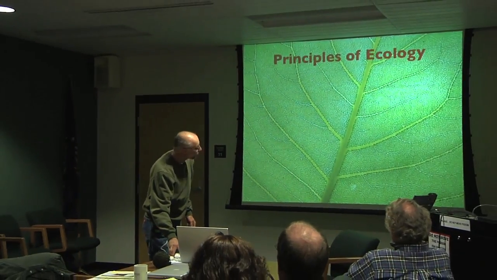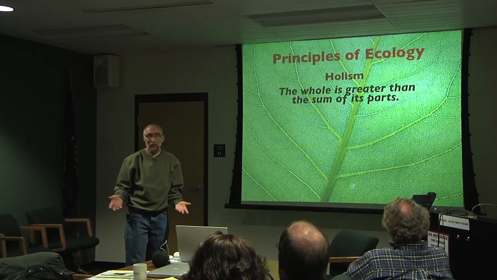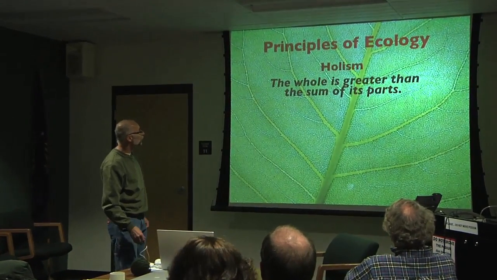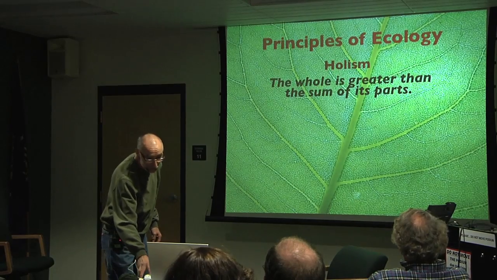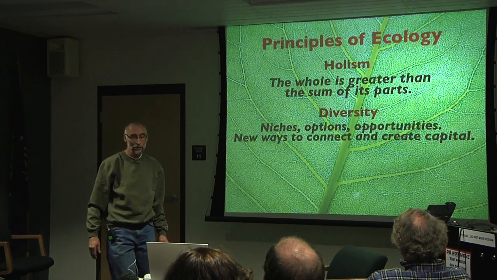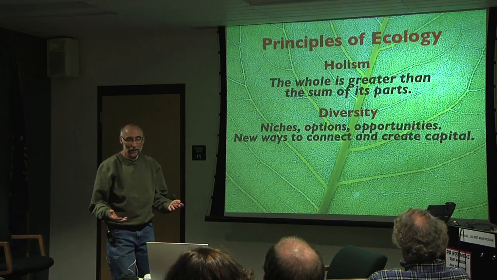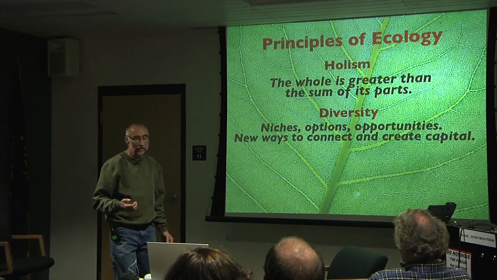Now, I'd like to tie this into some of the principles of ecology. The first, everybody probably knows this, so I'm going to breeze through this part, is holism: the whole is greater than the sum of the parts. That's the first principle of ecology. The second principle of ecology is diversity, and diversity is about creating niches and options and opportunities.